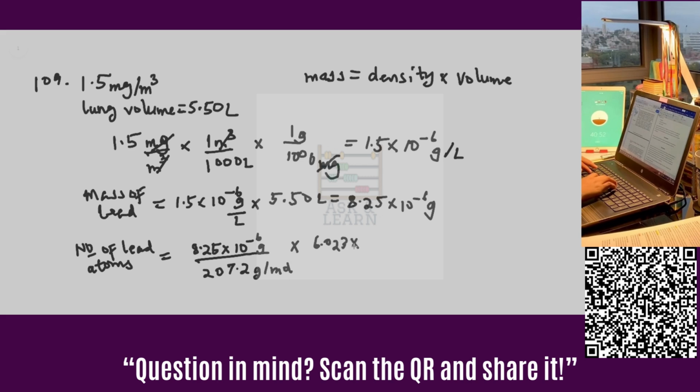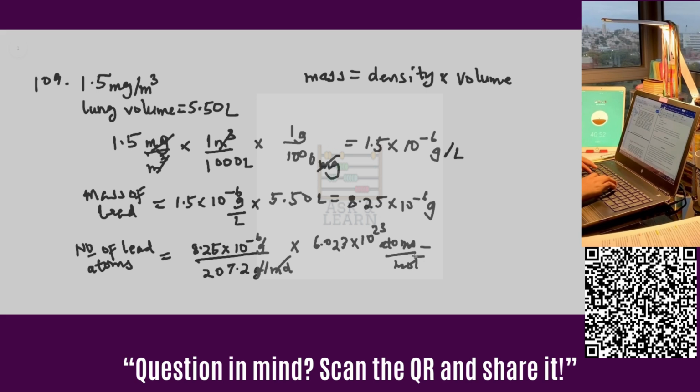And then we can multiply this by Avogadro's number, 6.023 times 10 to the power 23 atoms per mole. Here we're going to see cancellation of grams and cancellation of mole, because this mole is going to go up and cancel that, and we're left with atoms.